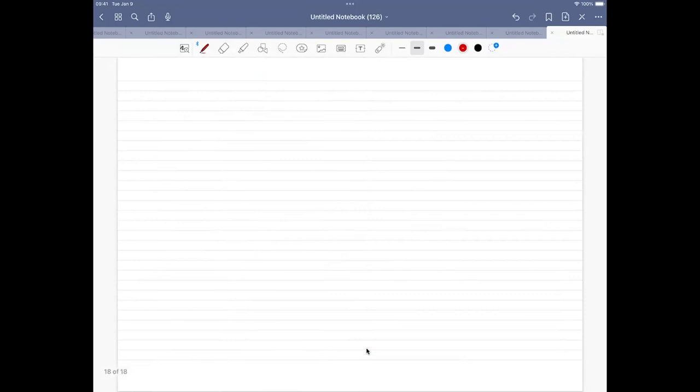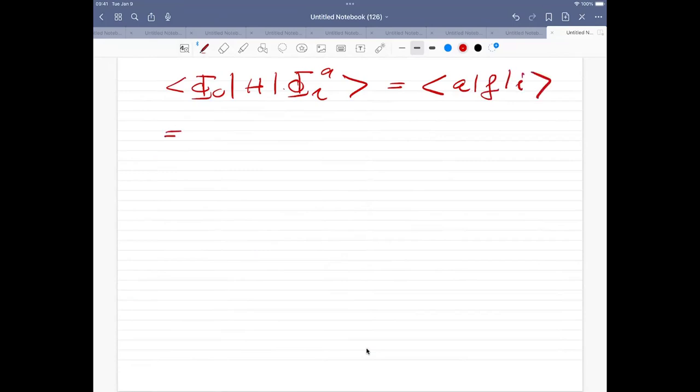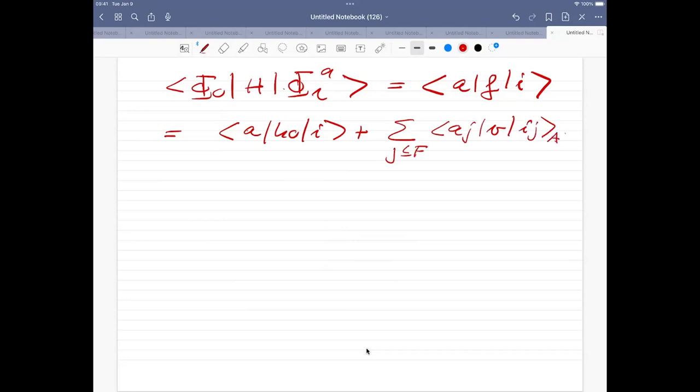If we single out that one, but this applies to all the states, we know that this matrix element is given by the matrix elements of f_ia, which is nothing but the integral over h0 of i plus the sum over j less than F of <aj|v|ij> anti-symmetrized. And we are setting these elements to 0.